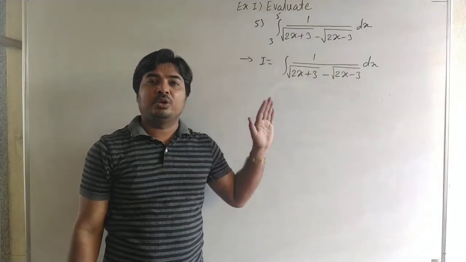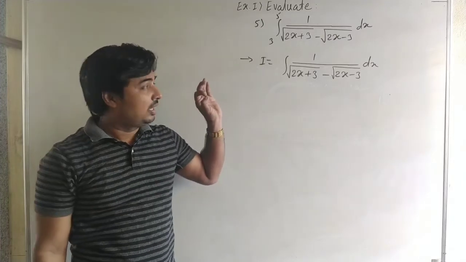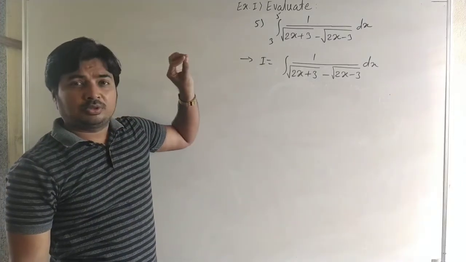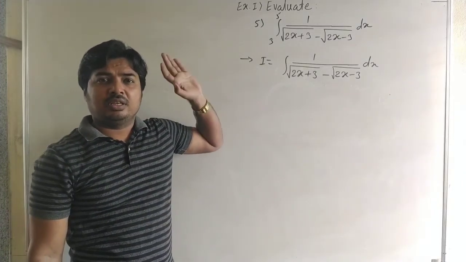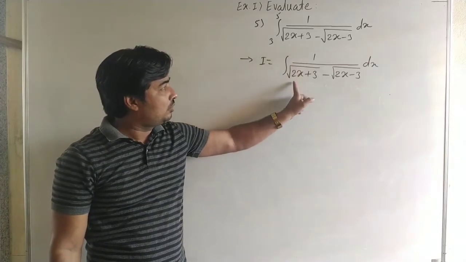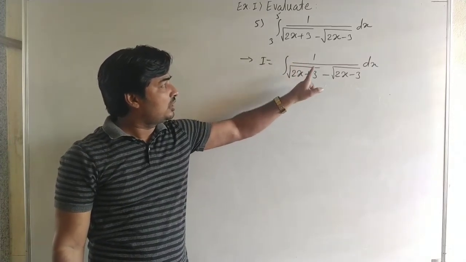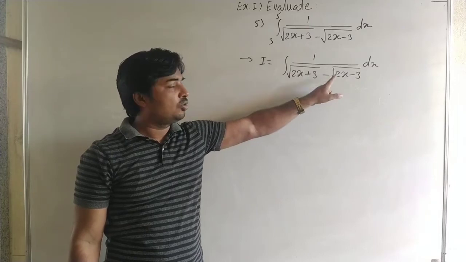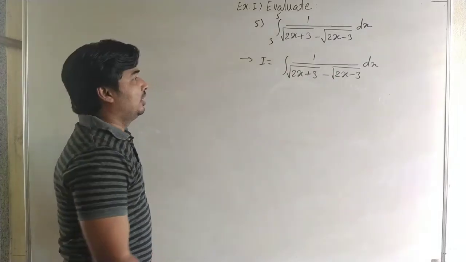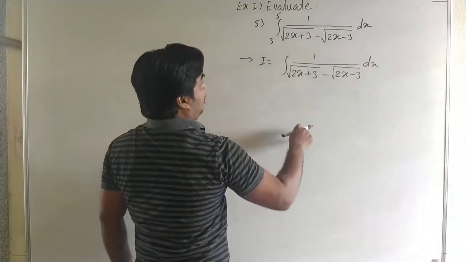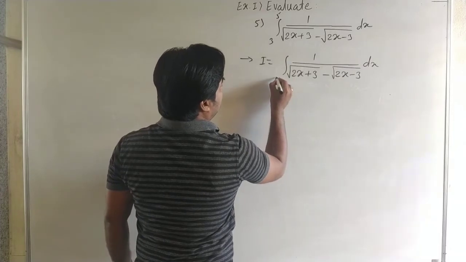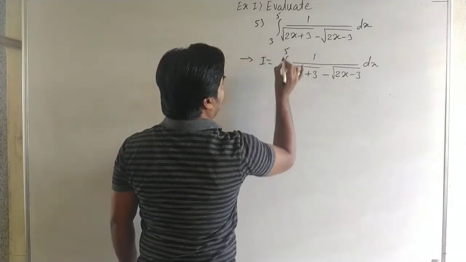exercise 3.1, the first exercise in the last chapter. For 1 upon under root 2x plus 3 minus under root of 2x minus 3, we take the rationalization and solve, but here the limits are given, 3 to 5.